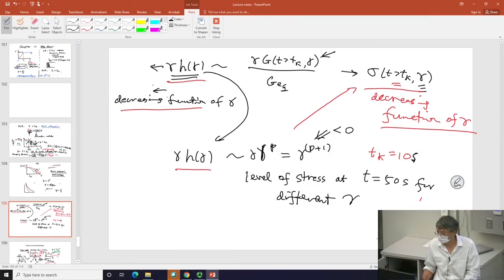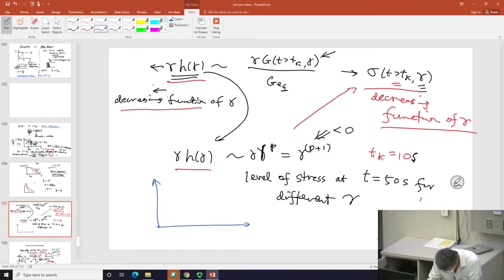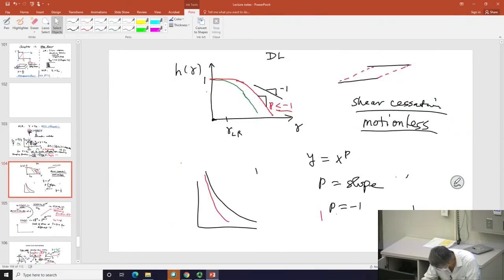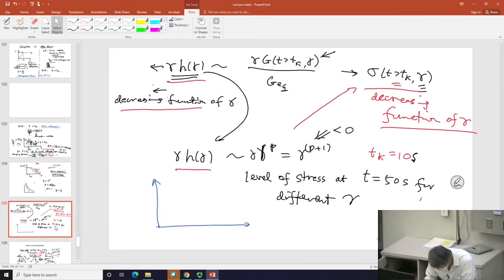What does this say? Let me be real slow for you. Remember, I just showed you the data of the red curve, which is the h function. Now I'm going to examine that by multiplying gamma to that h. What do you see?